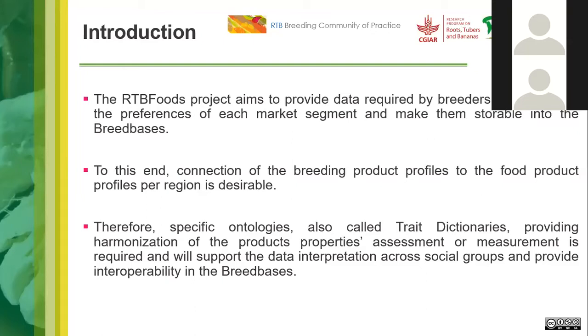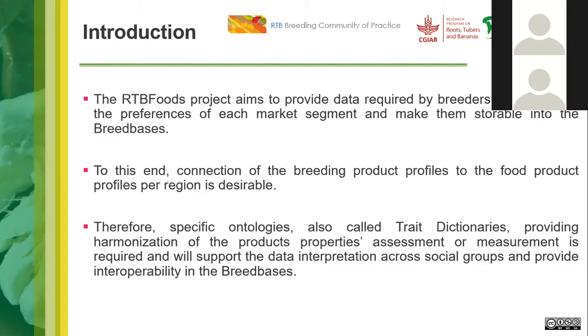Therefore, specific ontologies, what we are calling trait dictionaries, provide harmonization of the assessment or measurement of product properties. The properties of the products are important, but what is more important is how these properties are measured, so that information can be shared across scientists.